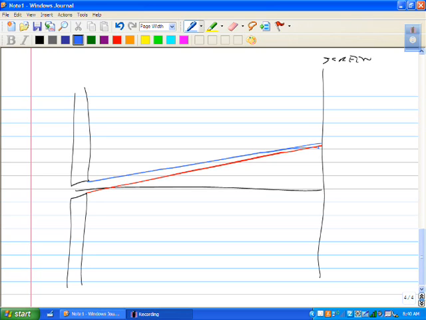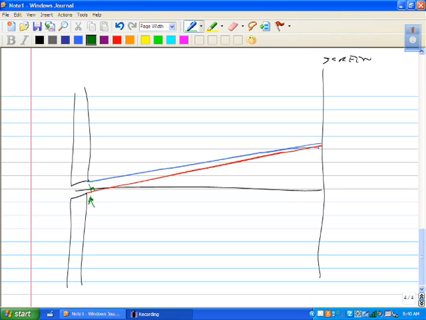Right. Now, what that means is, if I zoom in here and draw a normal line, a perpendicular line here, what I'm interested in is how much farther, this distance right here, the red light traveled than the blue light.